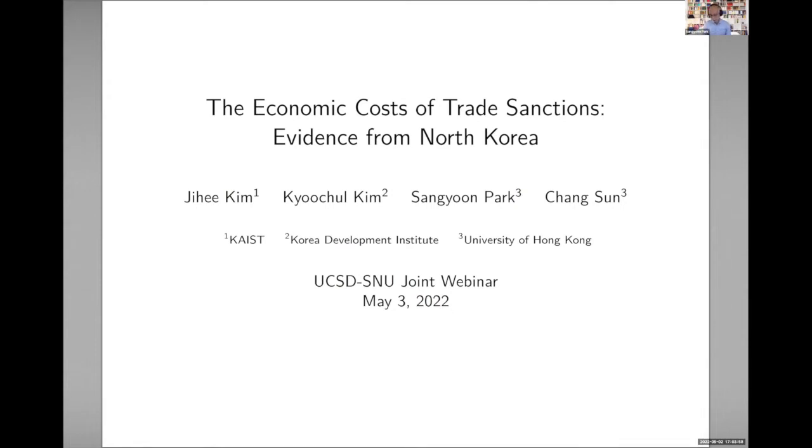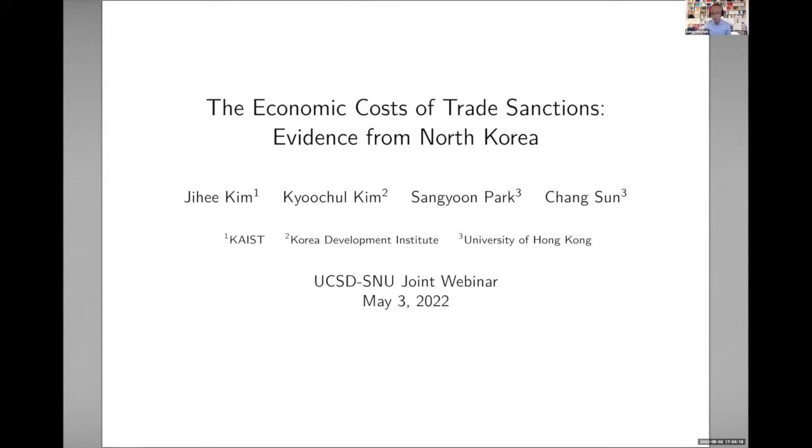We were working on another project trying to collect some meaningful economic measures in North Korea, basically because even though we want to understand what are some of the policy consequences, what is going on inside North Korea, we don't have much high quality economic data. And as an economist, that's very disappointing.